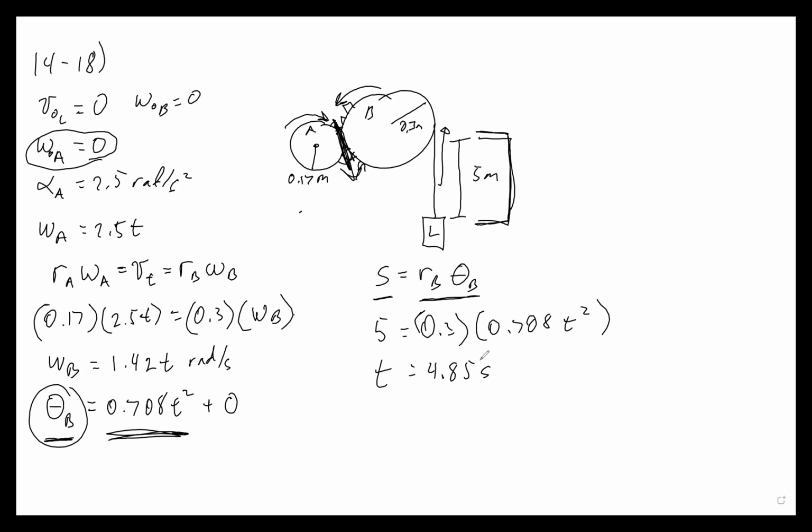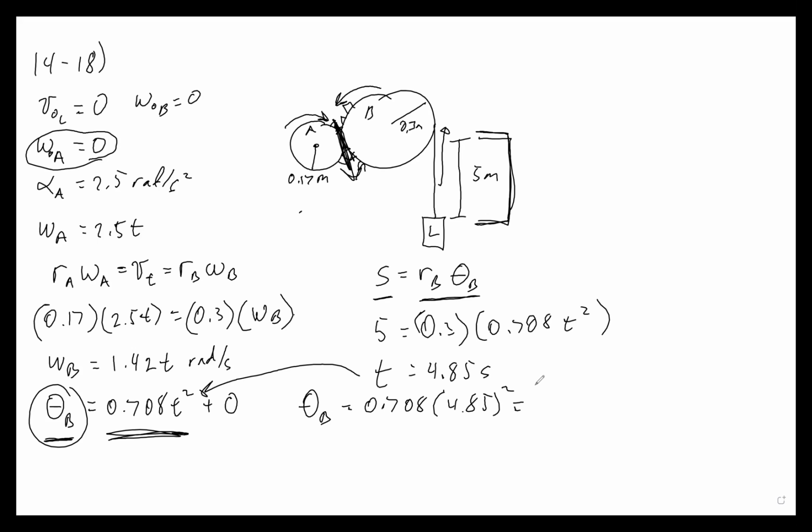Then it wants to know the number of revolutions that the larger gear turns while lifting the load L a distance of 5 meters. Well, we just plug the t into the theta equation. That's pretty straightforward. So theta B is equal to 0.708 times 4.85 squared.